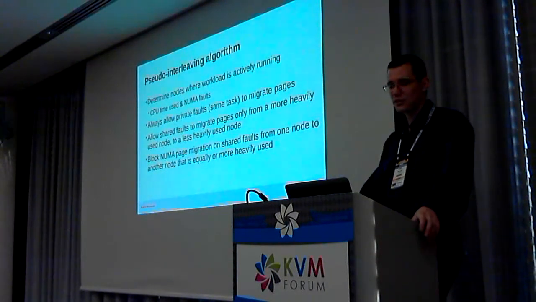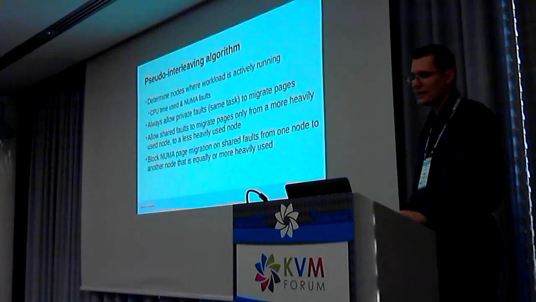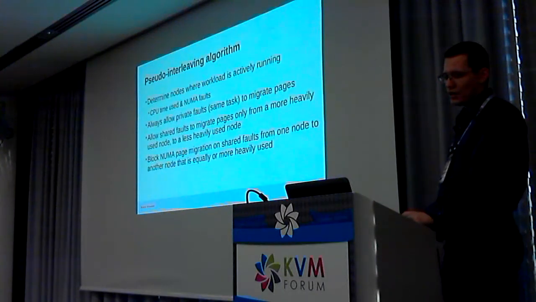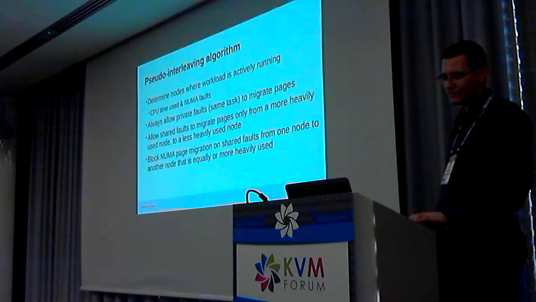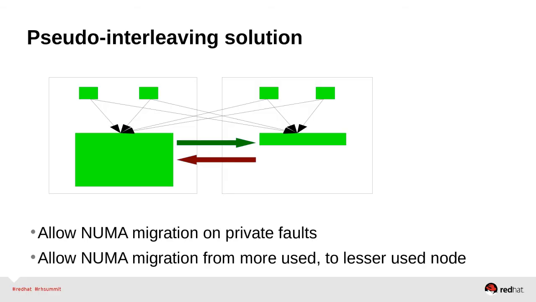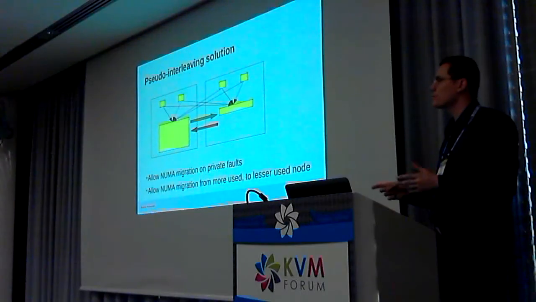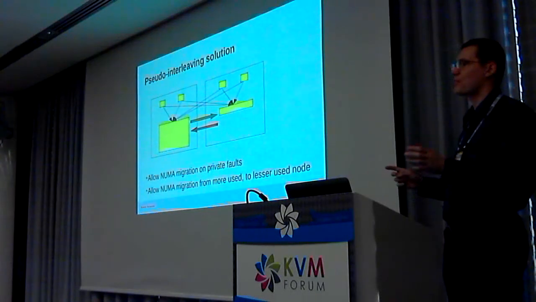But shared faults are only allowed to migrate from a more heavily used to a less heavily used node. So it looks like this. From left to right, shared fault migrations are allowed. From right to left, they're blocked because the left node already has much more memory than the right node.